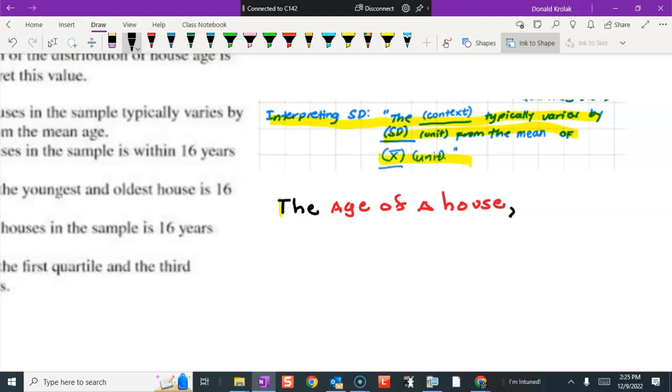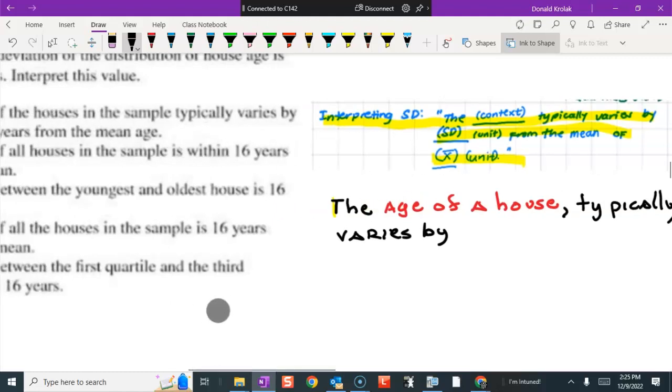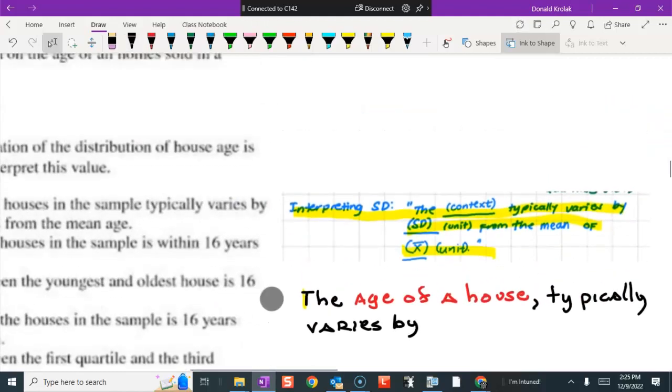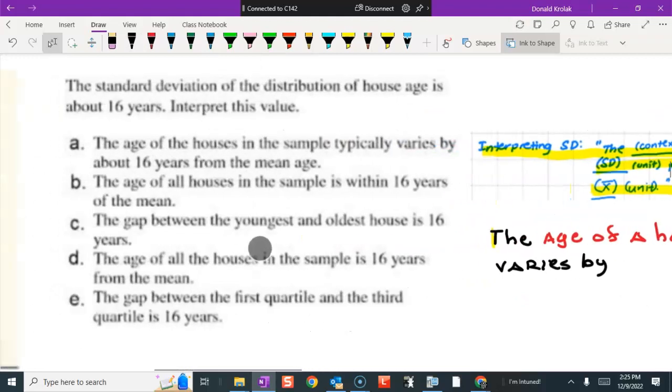Typically varies by, so we're dealing with standard deviation, what, 16?